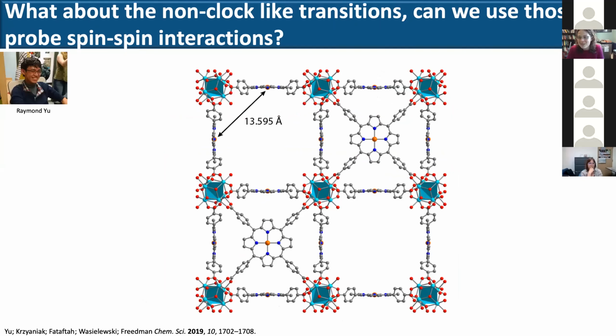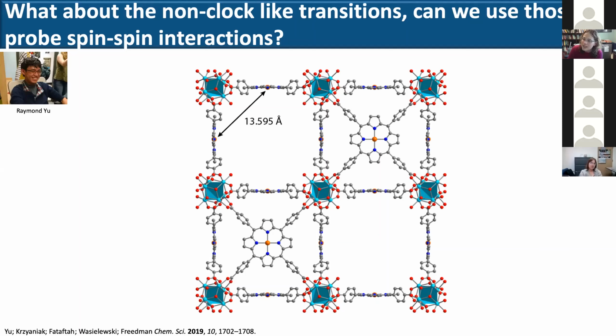Okay, and so I'll just briefly say that we also extended this work to systems which are not clock-like, because we observed that we could measure the non-clock-like transition. And we thought, okay, well, this is cool too, because this enables us to have a system where we know where every spin is, like in the nuclear spin system, where we can see the contribution of every sphere of spins to decoherence.